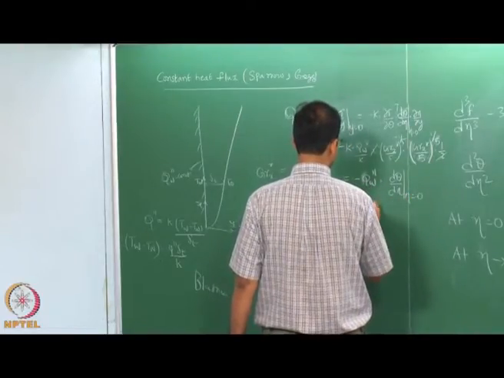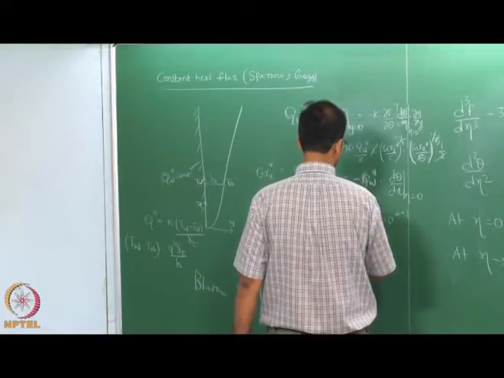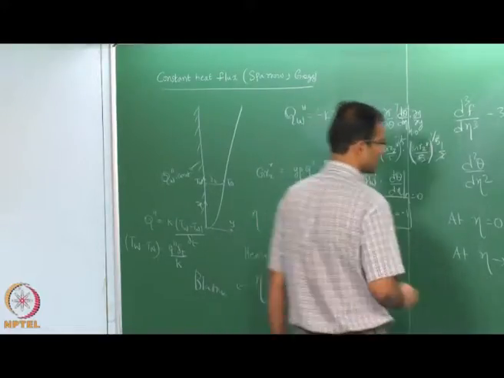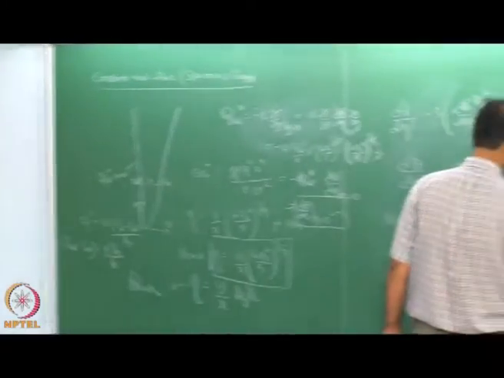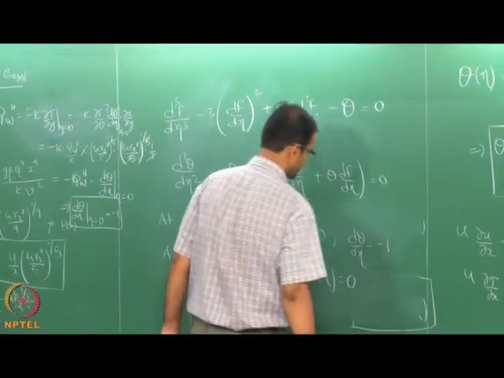So, what do you get for d theta by d eta? Minus 1. Therefore, at eta equal to 0, d theta by d eta is equal to minus 1.